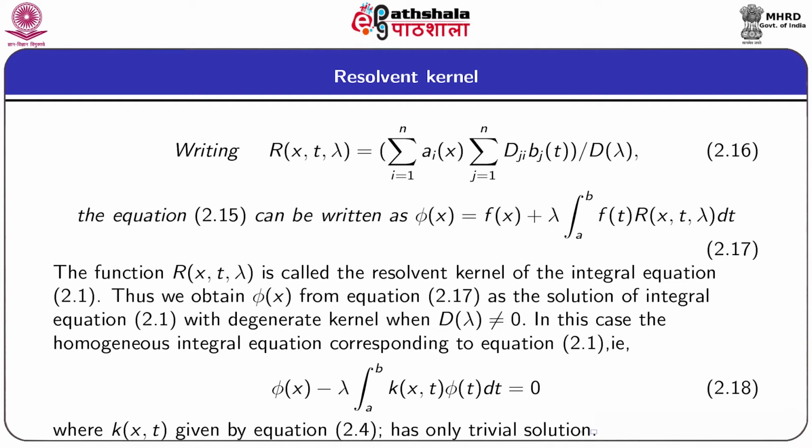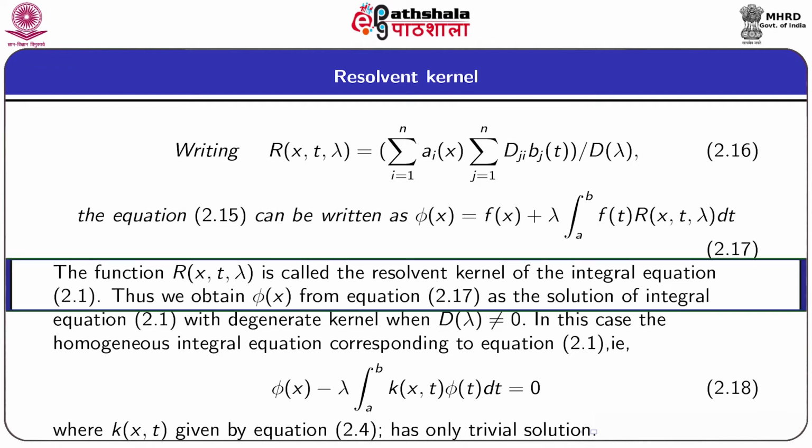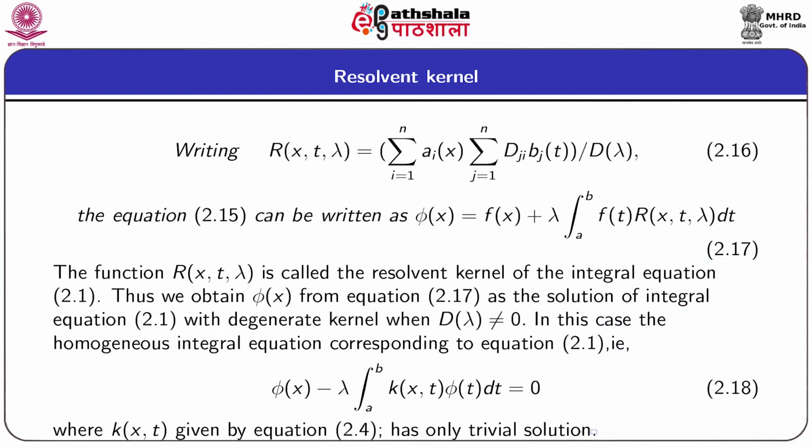So this is the unique solution of the given Fredholm integral equation with degenerate kernel. The function capital R(x,t,lambda) is called the resolvent kernel of the integral equation 2.1.